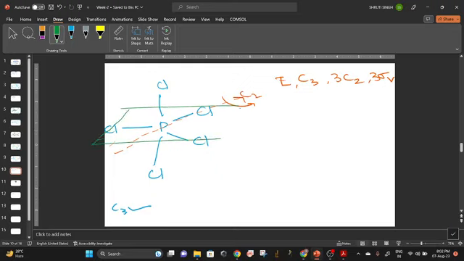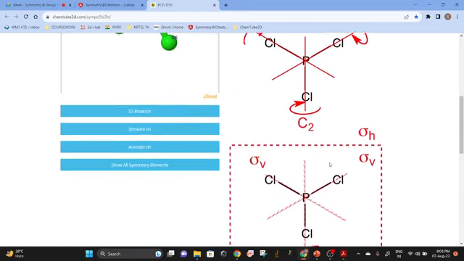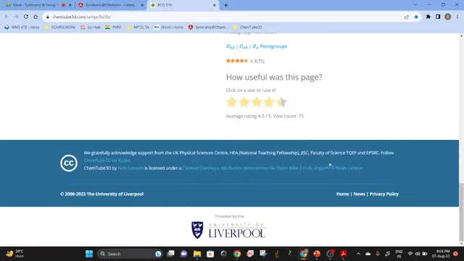You forgot about the molecular plane? So the point group is, sorry, D3h. That's what is written here, I think. That's all.